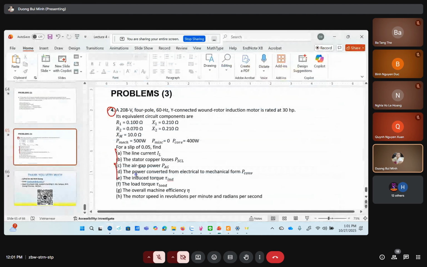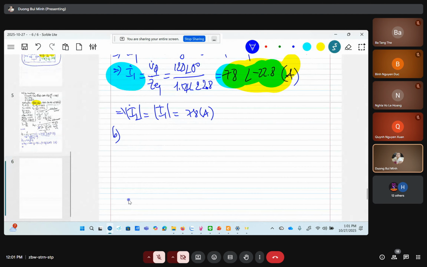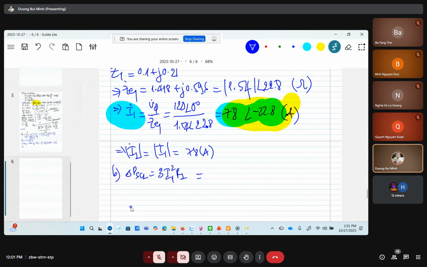Let me check the stator copper losses, delta P SCL. Very easy. You know, delta P SCL is 3 I1 squared R1. R1 is 0.1, right?